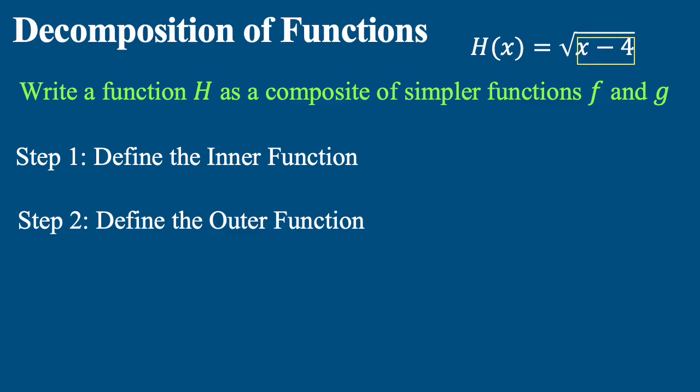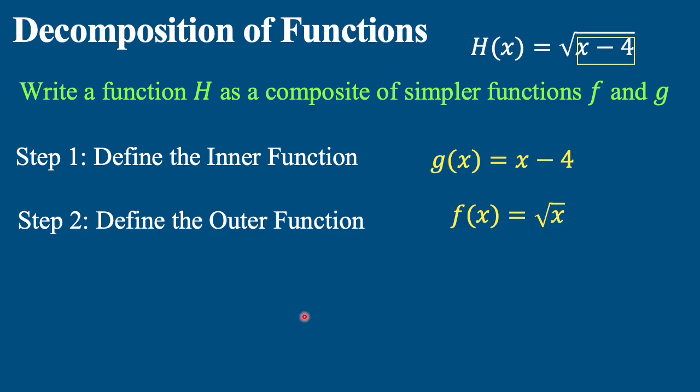That's what I'm going to call the inner function: g of x is x minus 4. When you decide the inner function, then you see the square root part, right? That's going to be the outer function, f of x is square root of x. This one is a linear function. This is a square root function.